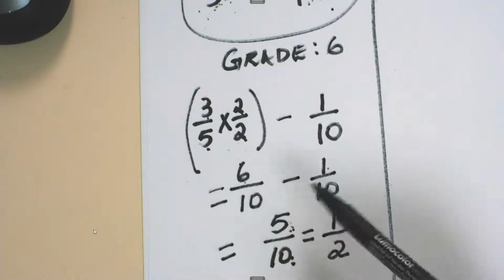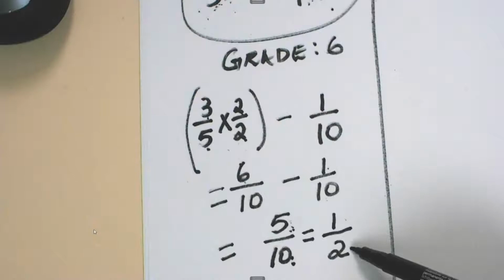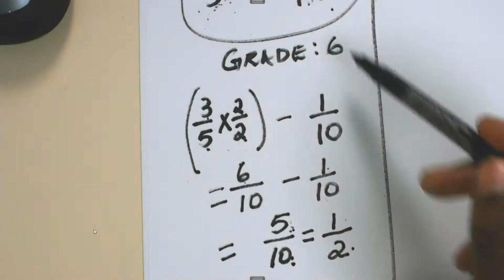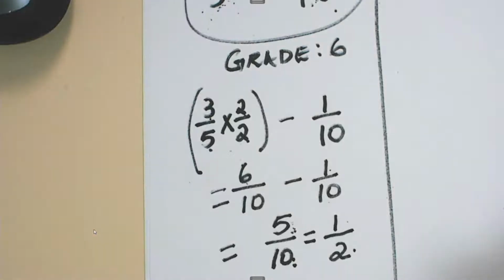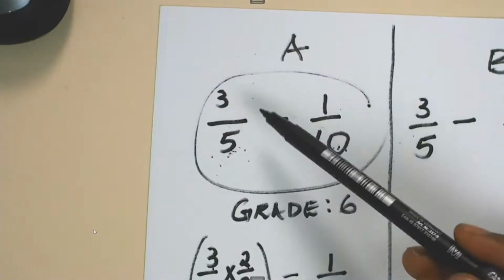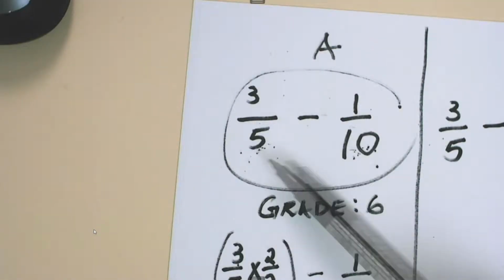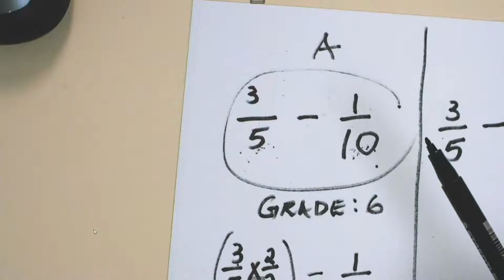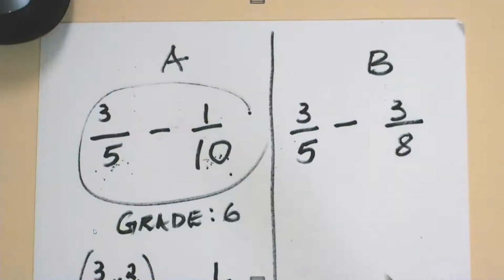So we see that 5/10 is equivalent to a half. This typically is what we have covered in grade 6. Remember, guys, we started where we had 3/5 minus a tenth, and one of the denominators was a multiple of the other. Now let us move to grade 7. In grade 7, we take a look.